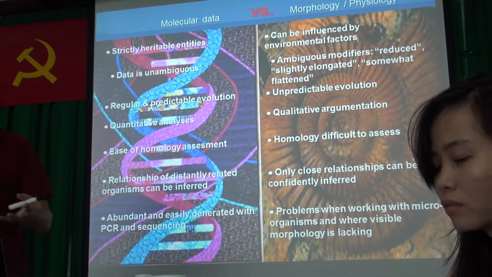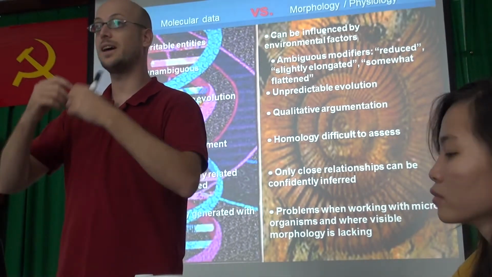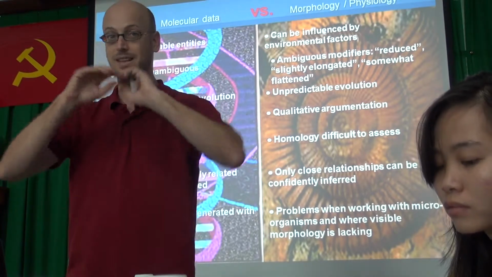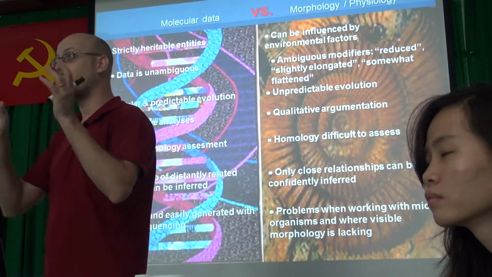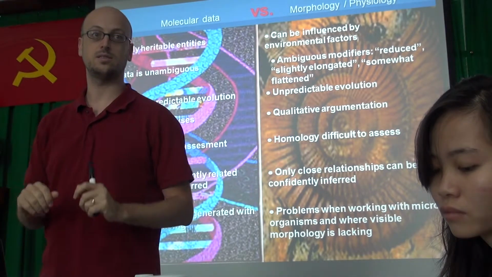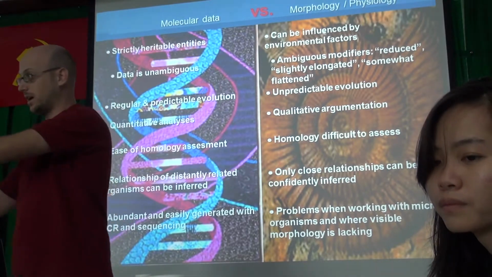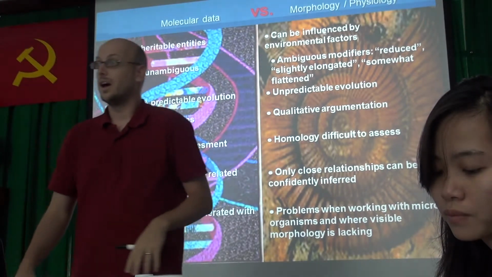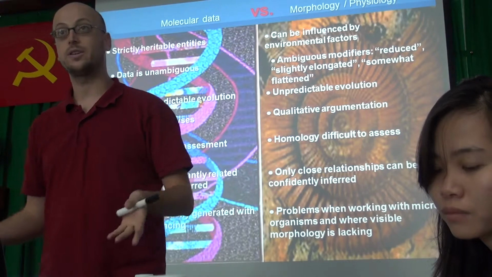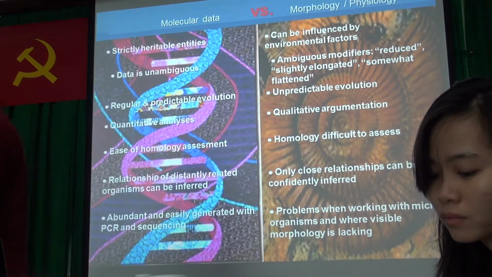So, for example, if I have twins, identical twins, they have the exact same genotype. One of them I send to live in the United States, the other one I send to live in Somalia, in Africa.